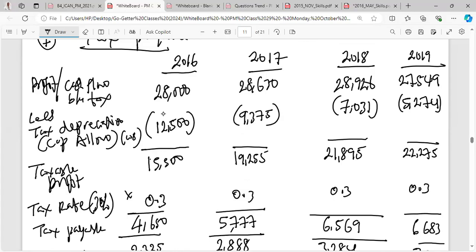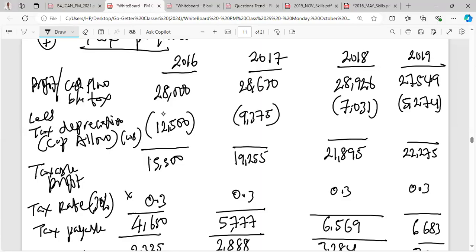Depreciation that qualifies, you don't need to charge tax on that. Of course, we know depreciation does not involve the movement of cash. But depreciation or capital allowance is removed from your profit, and the remainder is what you are charging to tax.